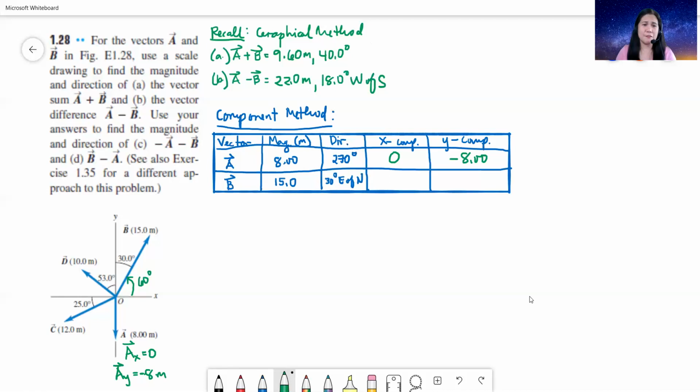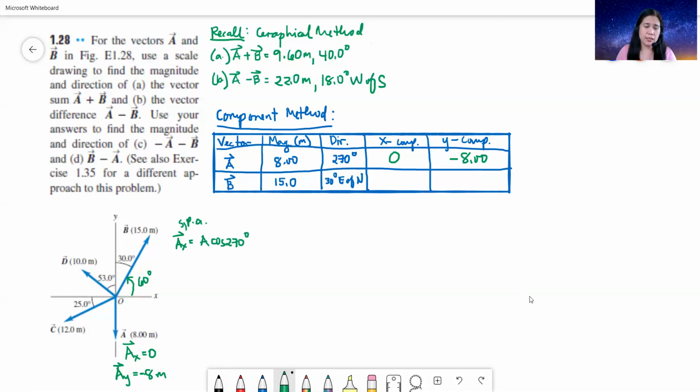Bakit naging negative 8? Kasi if you use the standard position angle, you always use cosine for x and sine for y. So, kung gusto kong kunin using standard position angle, si A sub x, okay? So, A sub x is just the magnitude of A and then the cosine of the angle.